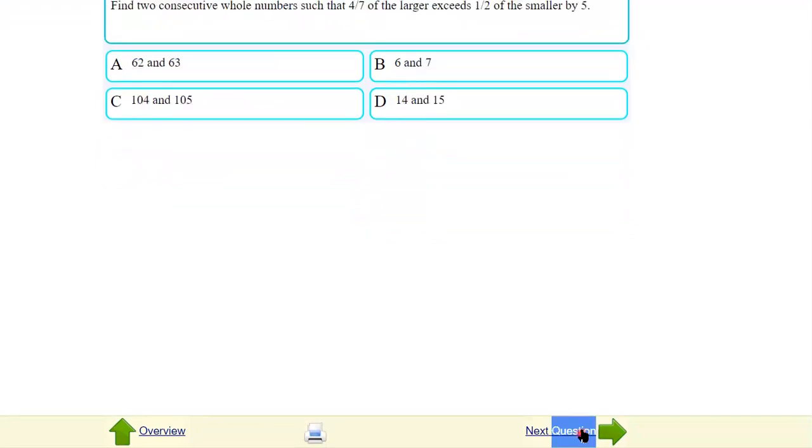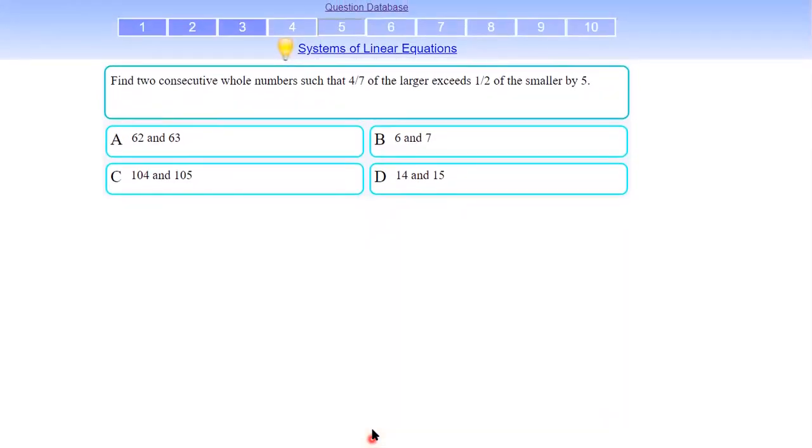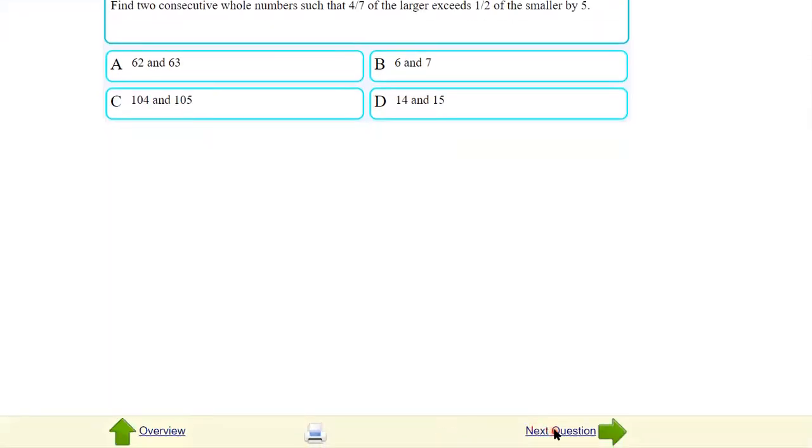Okay, one more question is this. Find two consecutive whole numbers such that 4 by 7 of the larger exceeds 1 by 2 of the smaller by 5. Please take this one. Okay, this is a new one. All right, I took it. So we are just moving to the next.